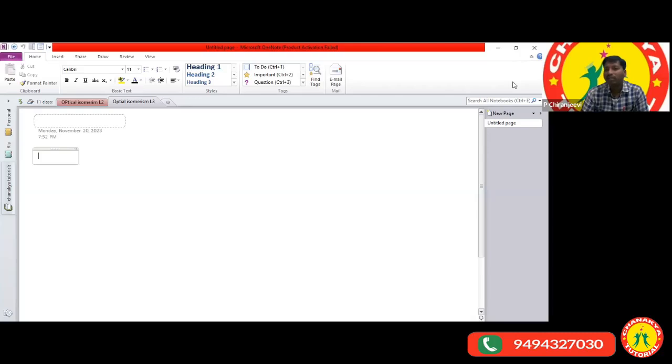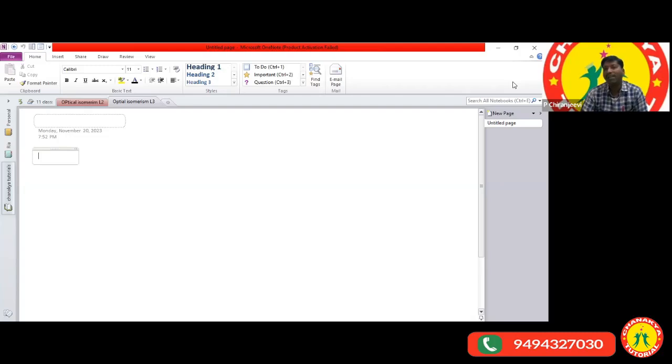And if the terminals are the same, the first condition is that the given compound has an even number of chiral centers. Then the formula is 2 power n minus 1 plus 2 power n by 2 minus 1. In that, 2 power n minus 1 represents the number of optical isomers and 2 power n by 2 minus 1 represents the number of meso isomers.